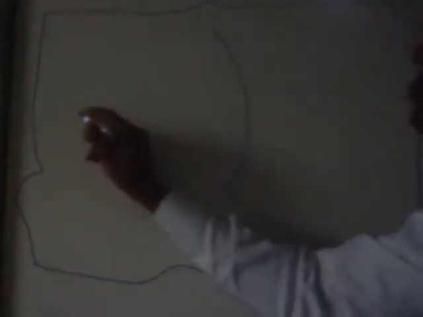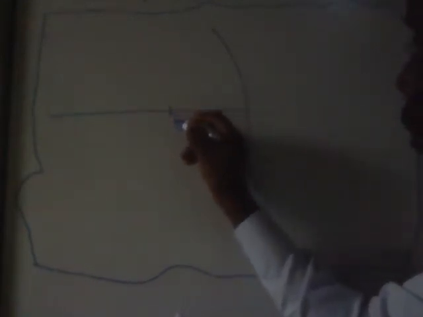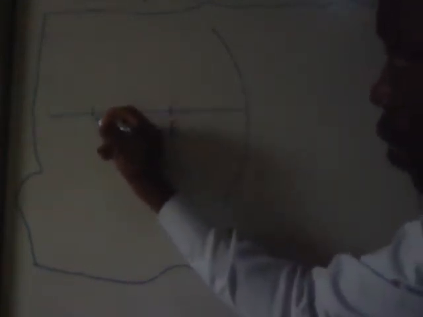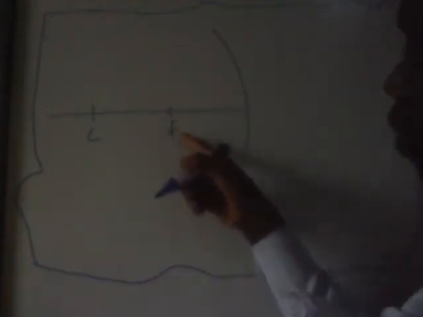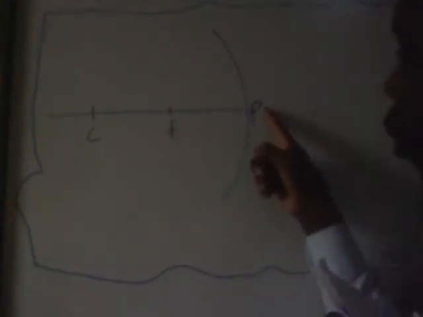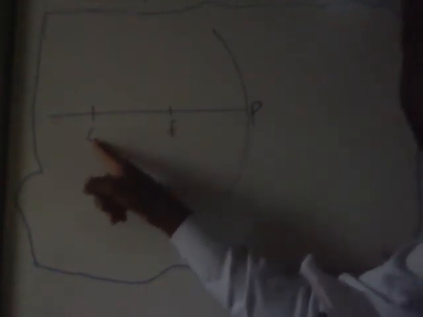This is the principal axis. This is the focus, and this is the center of curvature. C is the center of curvature. This is the focus, and this is the pole.